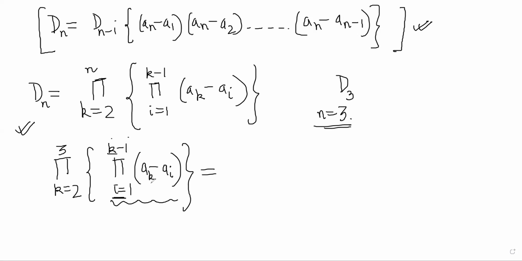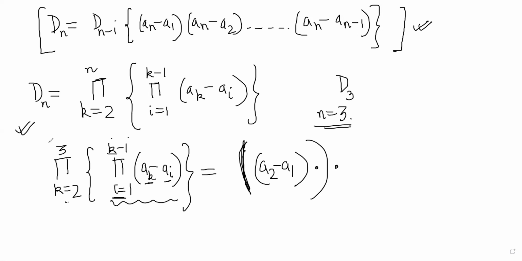It is (a2 minus a1). I am putting in the value of k and calculating this inside product. The inside product becomes a2 minus a1, because i is 1, but there is no other factor, right? So now I have to put the value of k as 3, right?